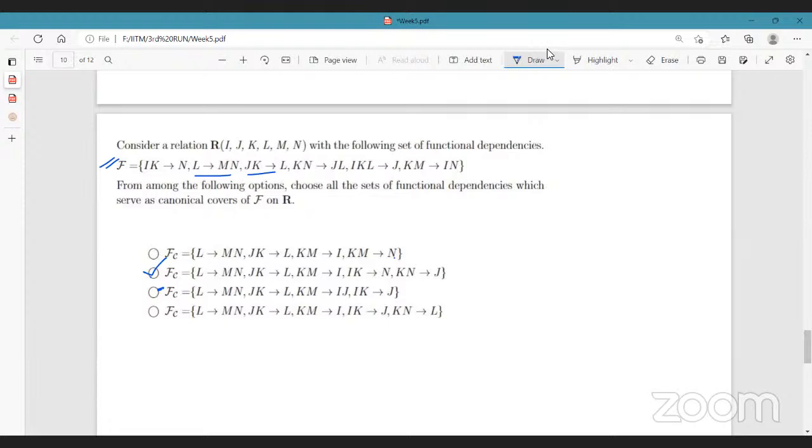So now we'll check the closure of IK, because IK determines N is not present in this particular option. Let's see whether, even if this functional dependency is not present, we get the same output or not. So IKN, KNJL, M.